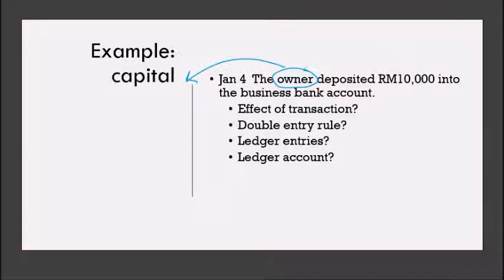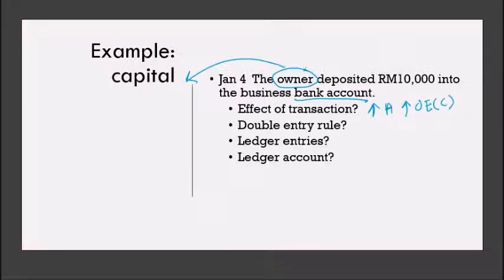Where did he put the money? In the bank account. So what are the effects? When the money is put in the bank account, bank increases. Bank is an asset, so the asset increases. When the owner deposits 10,000, owner's equity also increases, OE for capital.